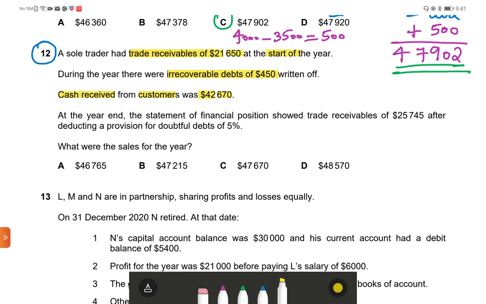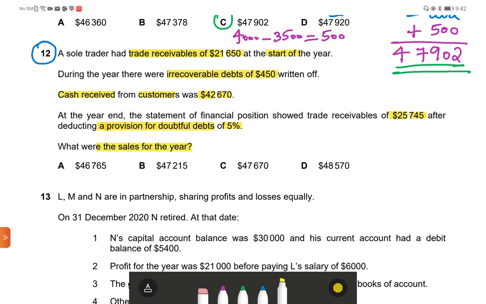At the year end, the statement of financial position showed trade receivables 25,745 after deducting a provision for doubtful debts 5%. What were the sales for the year?